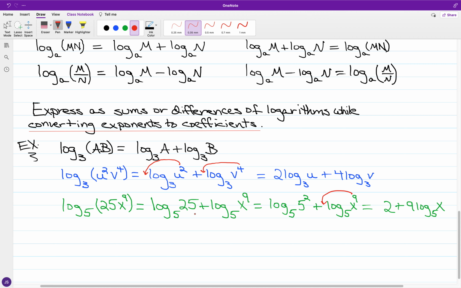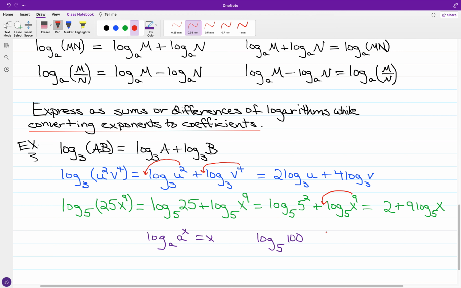Okay, remember, I'll give you a case. We're going back to the base a logarithm of a to the x is equal to x. I'll give you a case here. If I tried, let's say, the base 5 logarithm of 100.